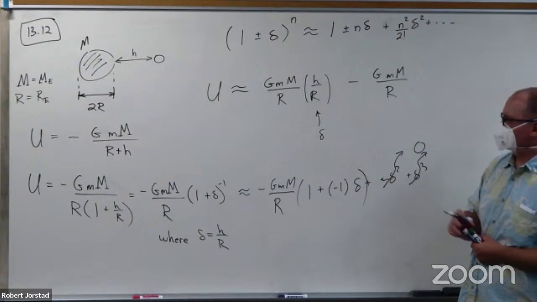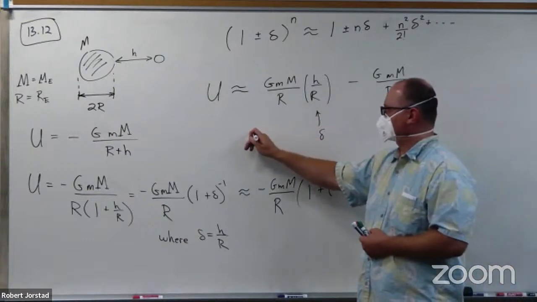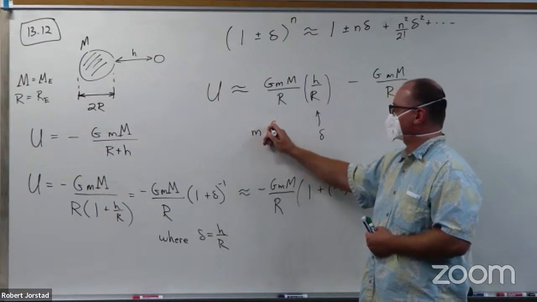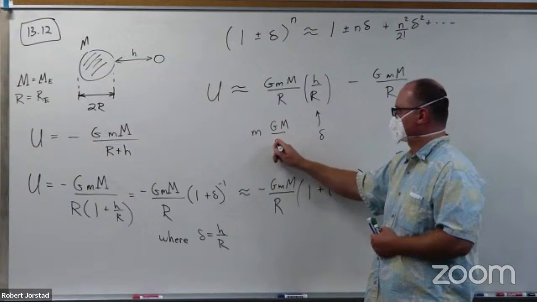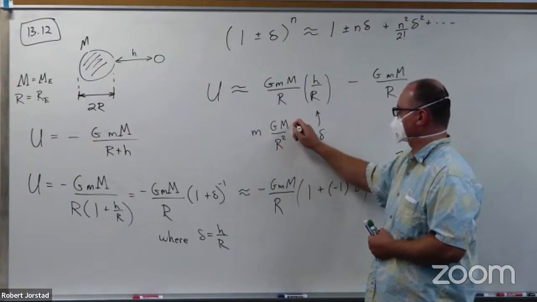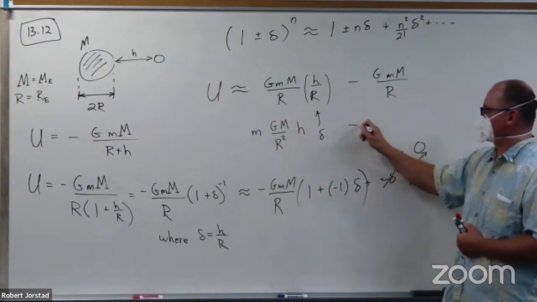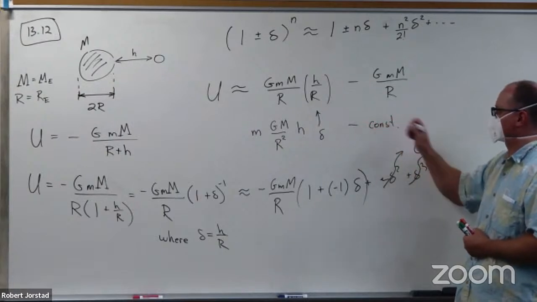Well, now, what do we get here? I've got an m times GM over R squared times h minus a constant, right?